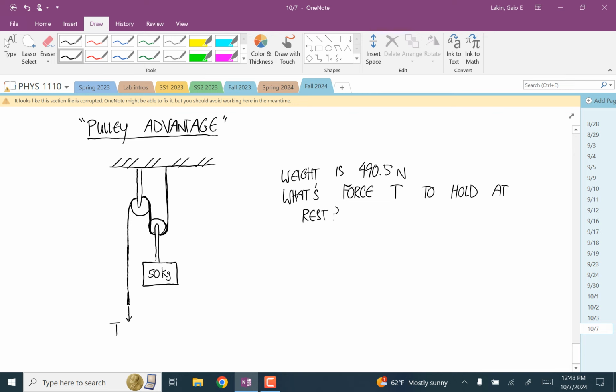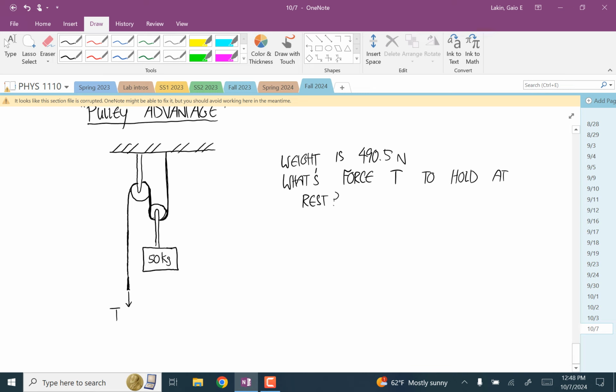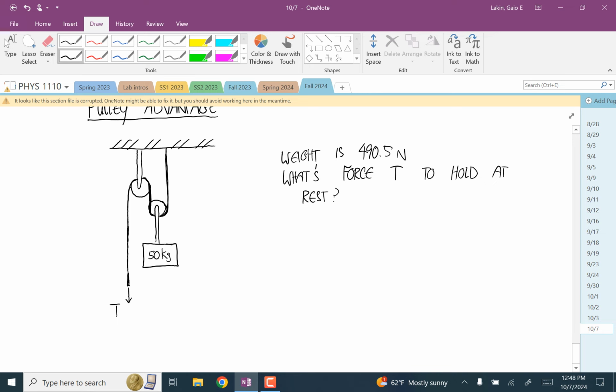Okay. Well, if this setup just had one of these two pulleys, like say, so this cable that has the T at the end of it, if that cable just went over the pulley attached to the ceiling and then connected straight to the mass, it would take 490.5 newtons of force to hold it up.